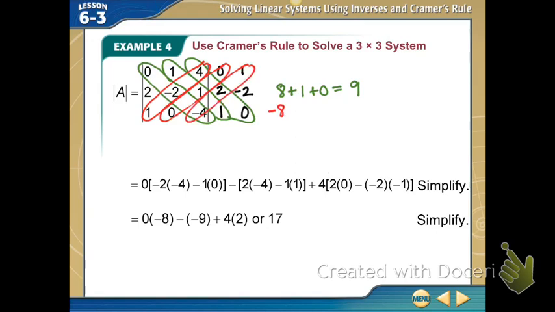So that's -8 plus 0 plus -8, which is -16. And then we subtract. So let me just double check that. That's 8, 1, and 0. That's 9. And that's -8, 0, and -8. So 9 minus a -16.